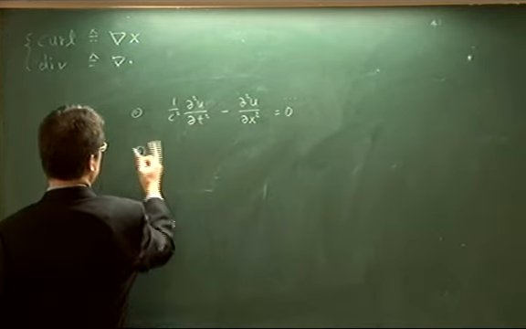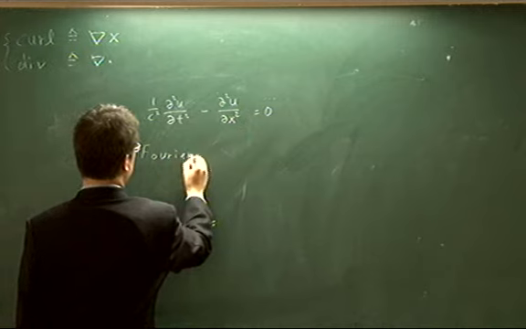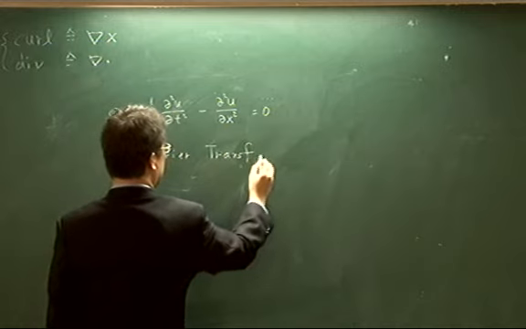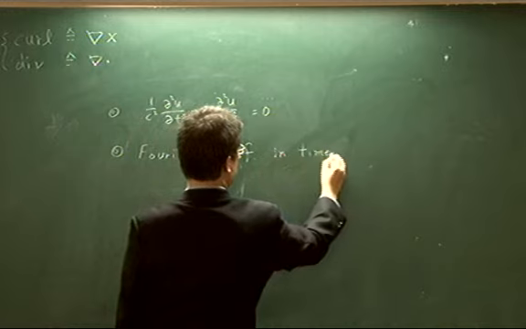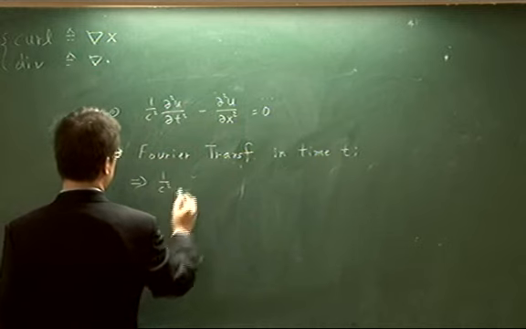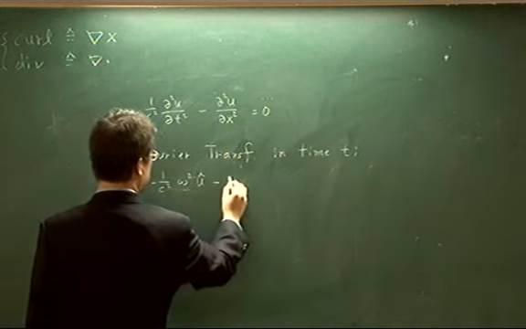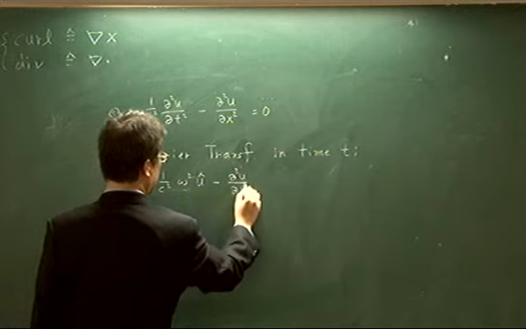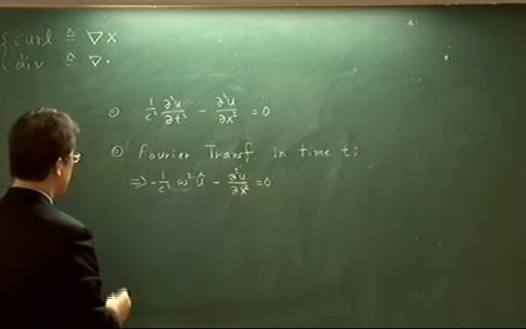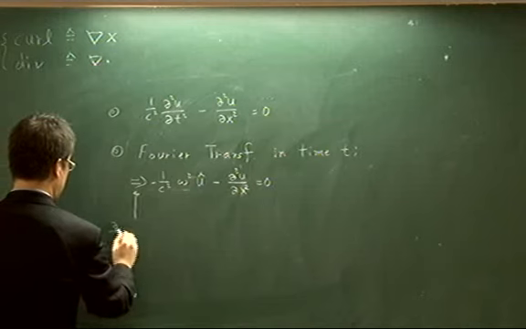If you put here, for example, the Fourier transformation in time t, then we obtain the following equation: 1 over c square, and then you have here the new variable, minus omega square, minus d square dx square, equals 0.